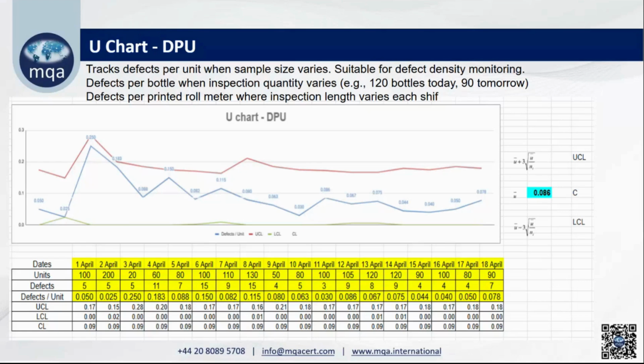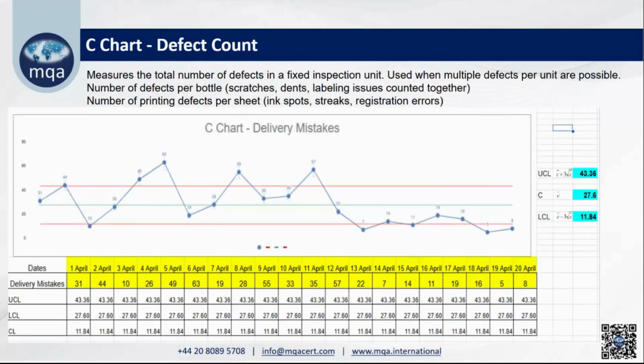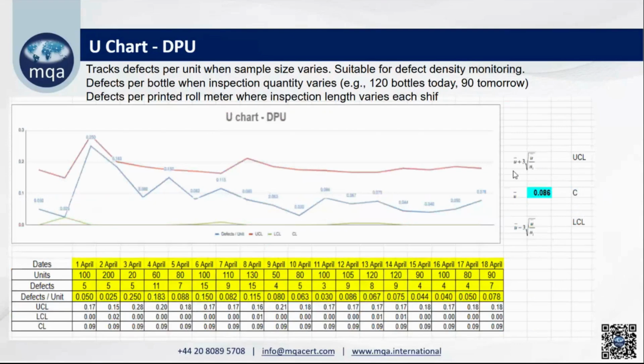So if my product is so bad that there are chances of multiple defects, then we'll use the U chart and P chart. The formula is standard. You will get it from anywhere, like if you search the chart on Google, it will give all the chart formulas.